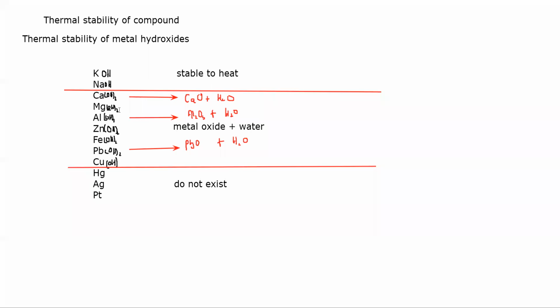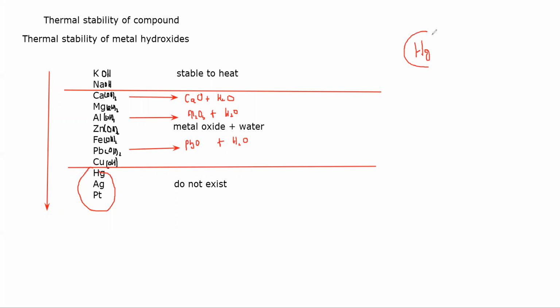Why do the last three hydroxides not exist? What's the reason for that? As we discussed earlier, if you remember the reactivity series, we have more reactive metals at the top of the series and less reactive metals below. A hydroxide can be formed by reacting with oxygen, by reacting with steam normally.